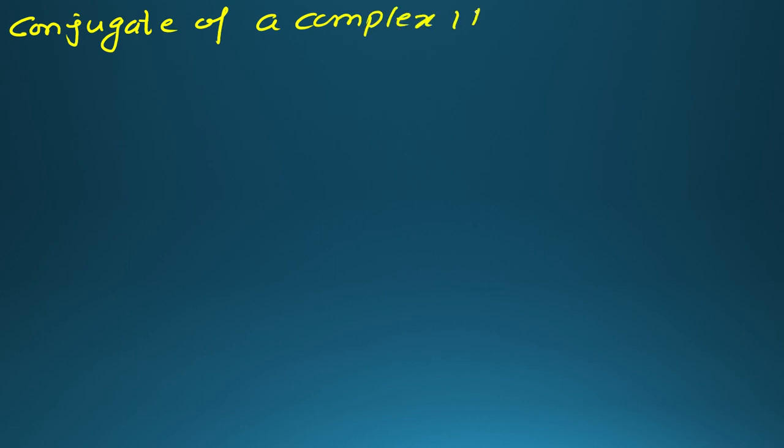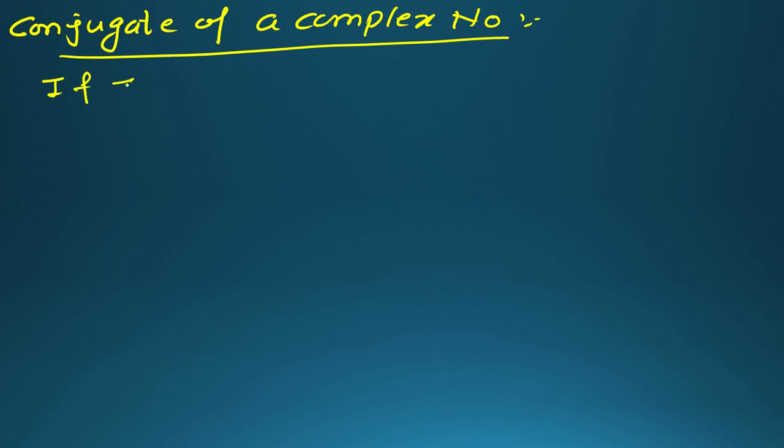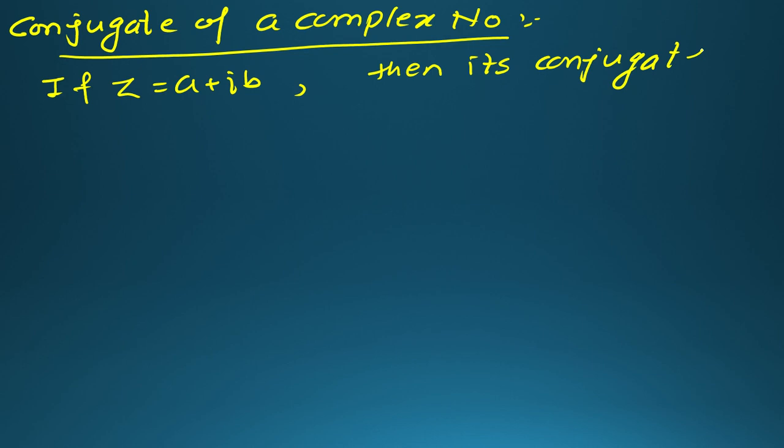Now another very important thing is the conjugate of a complex number. What is this conjugate? It's very easy. If z is equal to a plus ib is any complex number, then its conjugate is z bar equal to a minus ib.